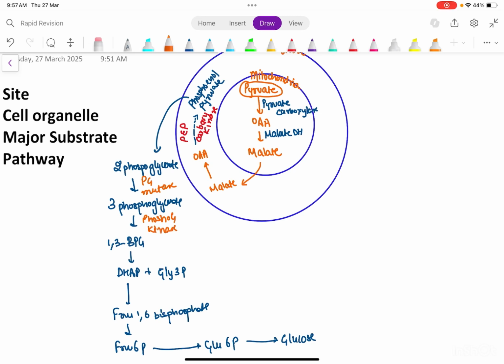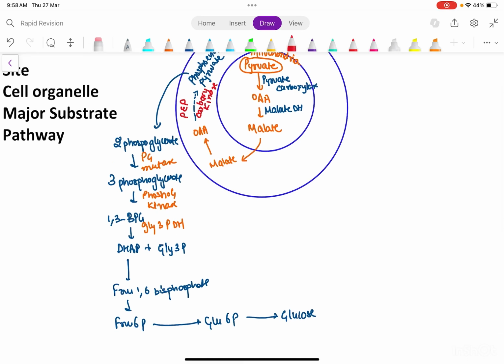Then this reaction, the 1,3-BPG into this, was glyceraldehyde 3-phosphate dehydrogenase. Now this is the reaction where you should learn the enzymes by heart. Then here we knew that the enzyme is isomerase, aldolase, and this was isomerase enzyme, right?